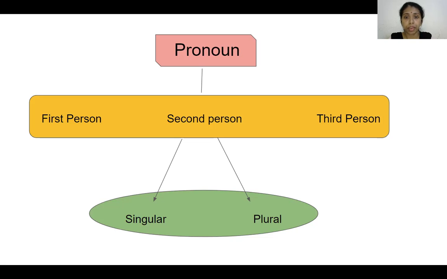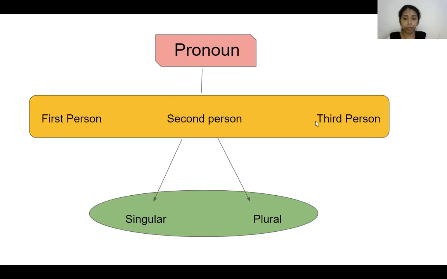I am speaking something with you, so you are the second person. And if I say something to you about someone else, that someone is referred to as third person. So I am first person, you are second person, and about whom, someone else, I am speaking something to you, that person is known as third person.